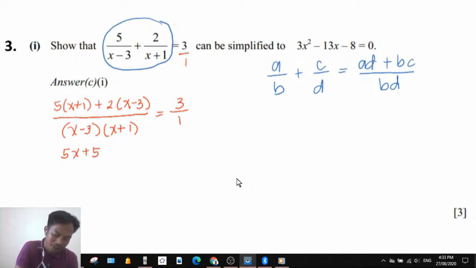Divided by x squared, because x times x is x squared. x times 1 is x. Negative 3 times x is negative 3x. Negative 3 times 1 is negative 3. Is equal now to 3 over 1.